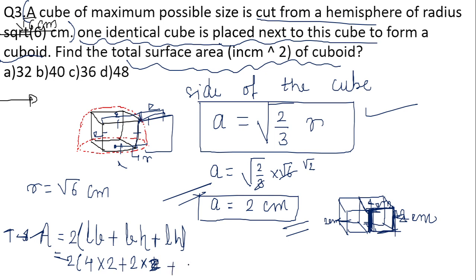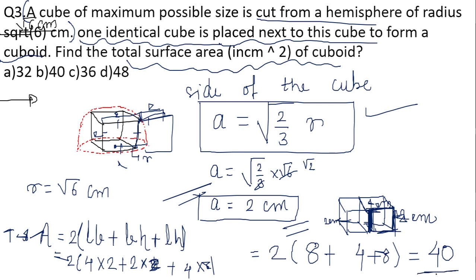Okay, so length has converted into 4 and height again into 2. So this will give me 2 into 8 plus 4 plus 8. The value finally obtained is 40. So 40 centimeter square is the total surface area of the cuboid.